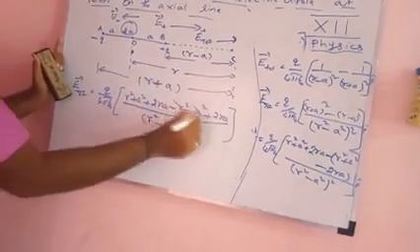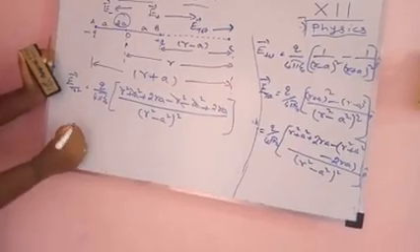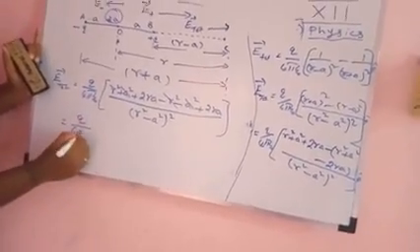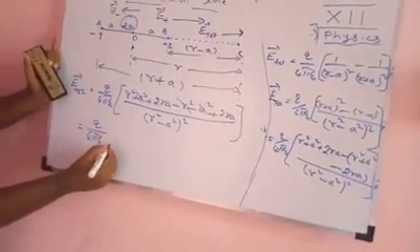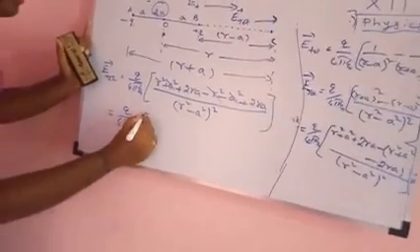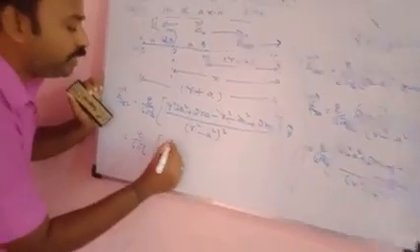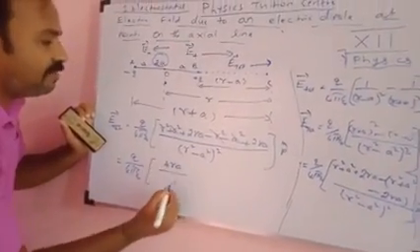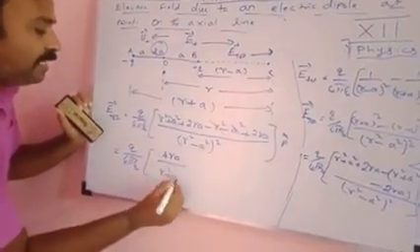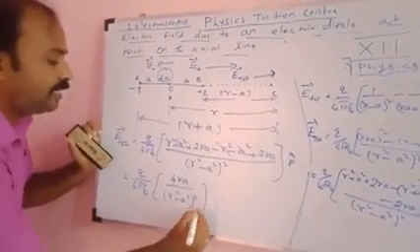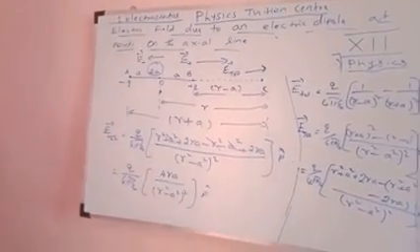So we can cancel these terms, so the answer is q by 4 pi epsilon 0 into 4ra divided by (r squared minus a squared) the whole squared into p cap.